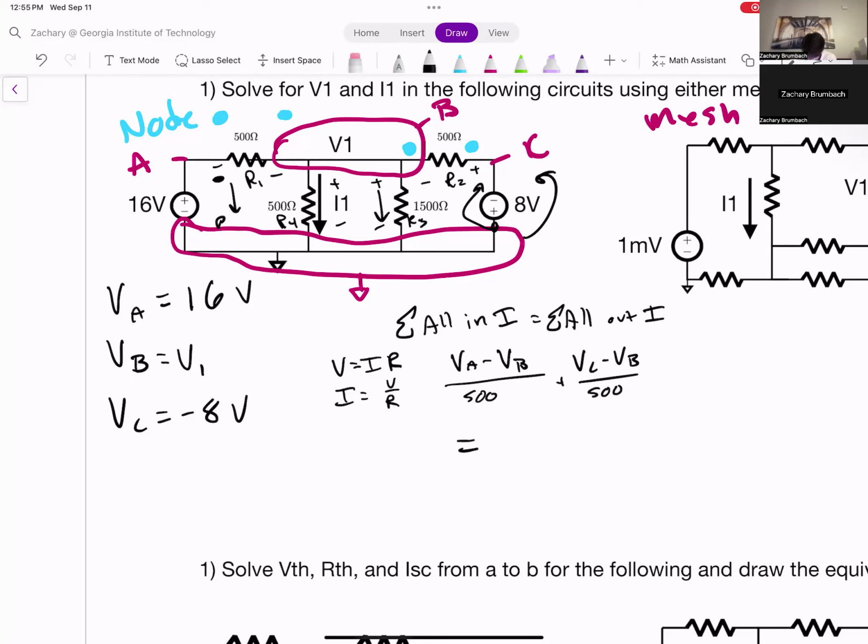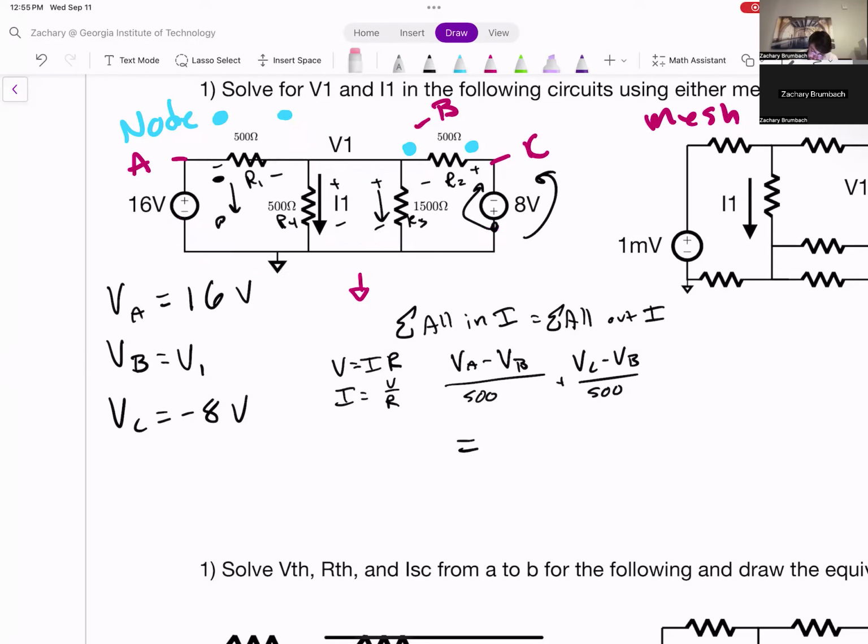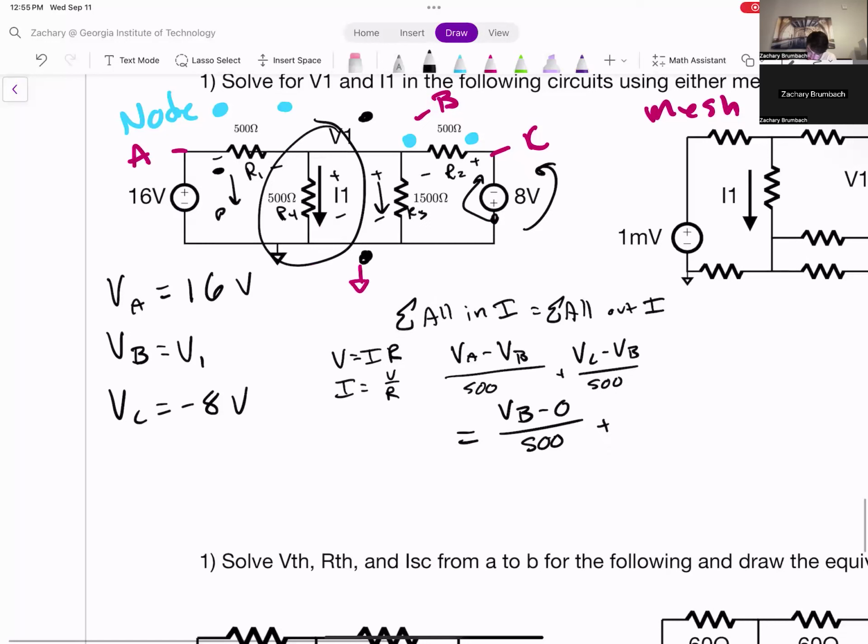It's equal to the currents coming out, which, looking here, is VB minus 0 over R4, which is 500. Plus, from here, it's exactly the same across the nodes, so this one is also VB minus 0 over 1500. Okay.